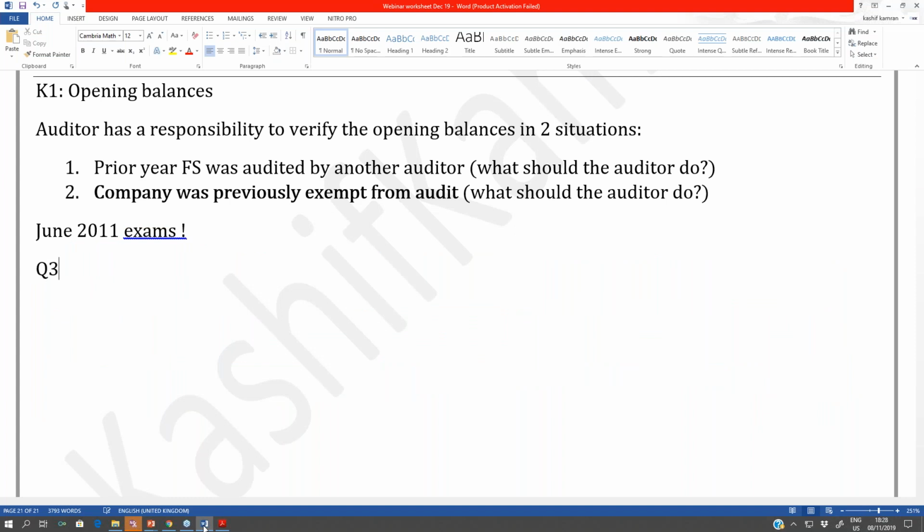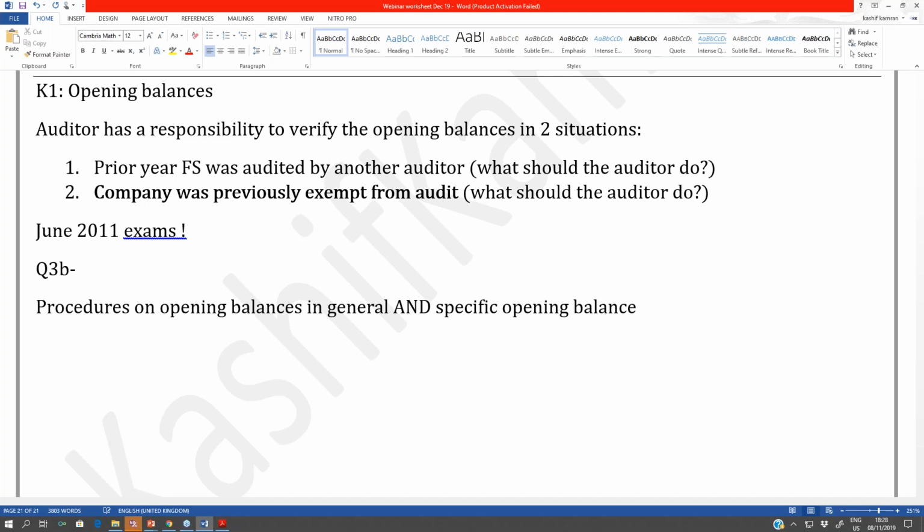June 11, question 3B is asking for general procedures on opening balances and some specific opening balance procedures for inventory. And the examiner is giving us 8 marks for this.